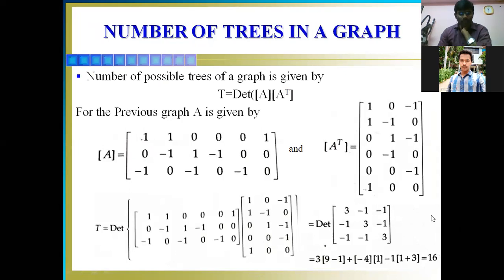So the determinant is 16. You can get 16 trees for the given graph.